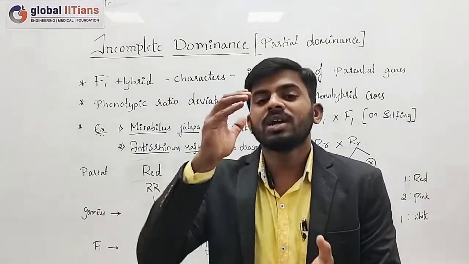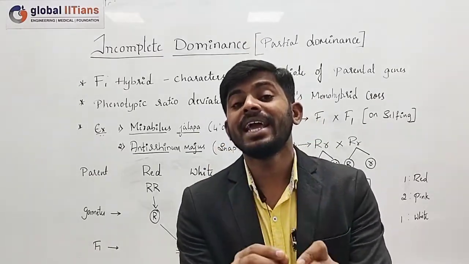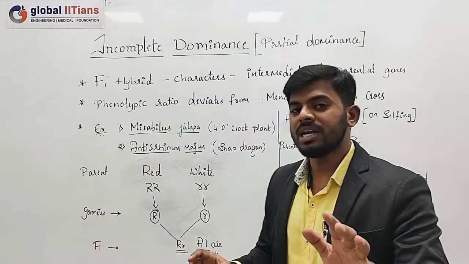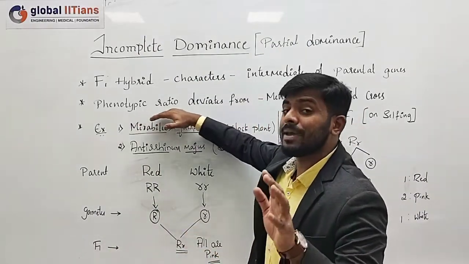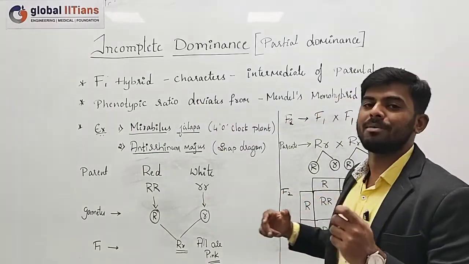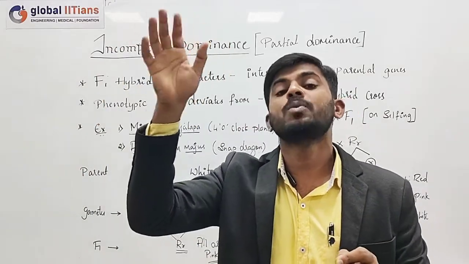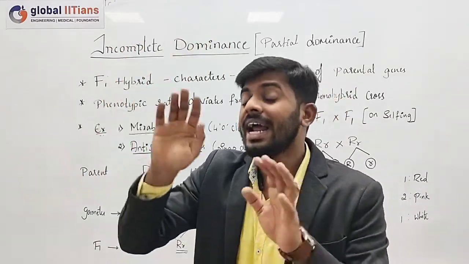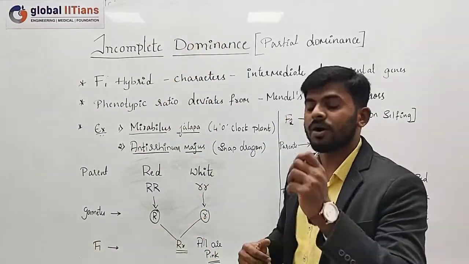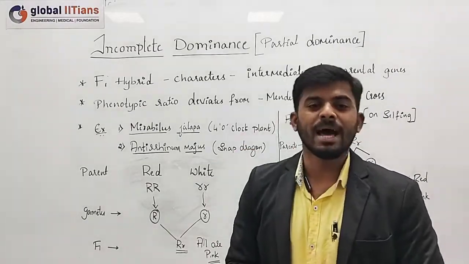So very simple, whatever the F1 hybrid characters we get here, they will be intermediate to that of the parental genes. A very important thing to note: the phenotypic ratio deviates from a Mendel's monohybrid cross. Generally, the Mendel's monohybrid ratio we saw, that is 3:1, won't be the same in the case of incomplete dominance. Okay, guys, it is quite commonly seen in the 4 o'clock plant and snapdragon.